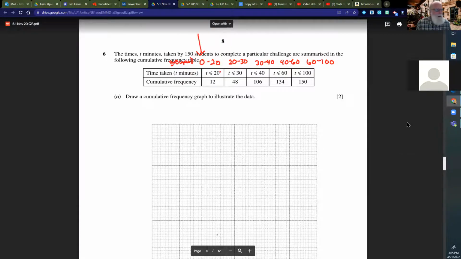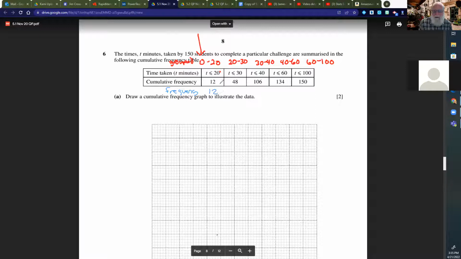All right, so there we are. And there's our groups. Now, if I just want to change this to frequency, what's the frequency for the group 0 to 20? Wouldn't it be 12? It's going to be 12.